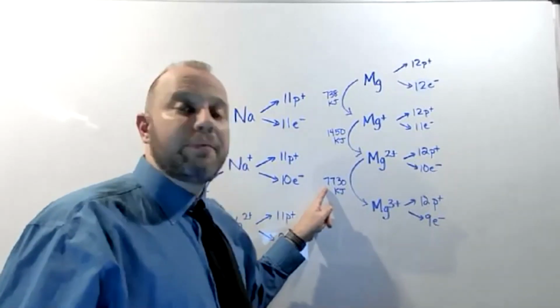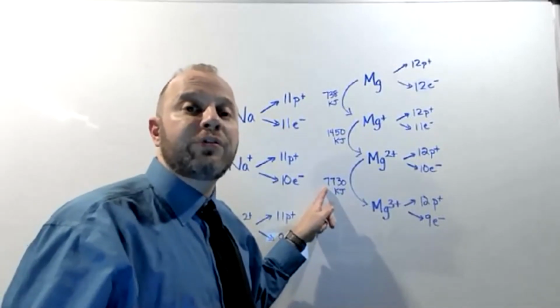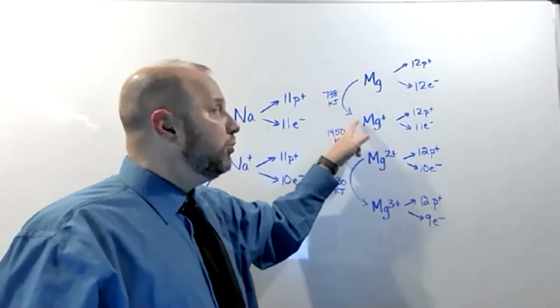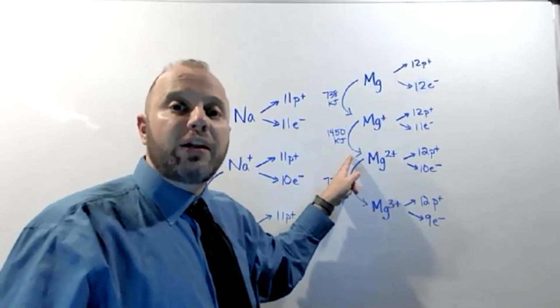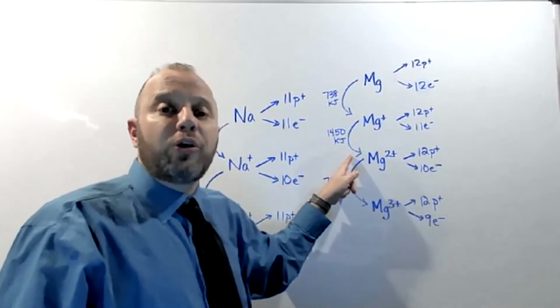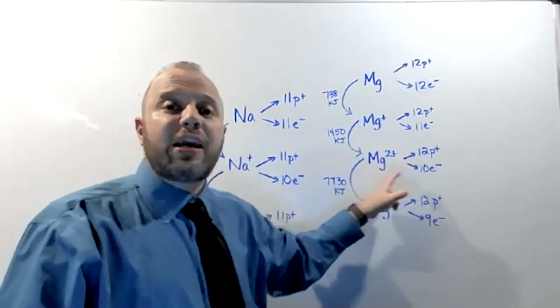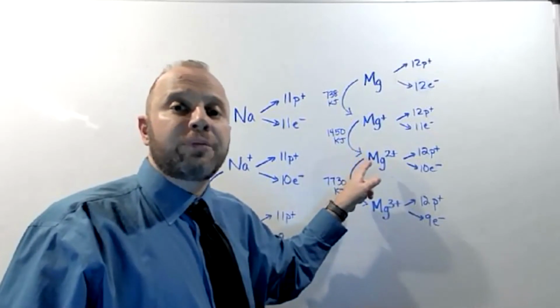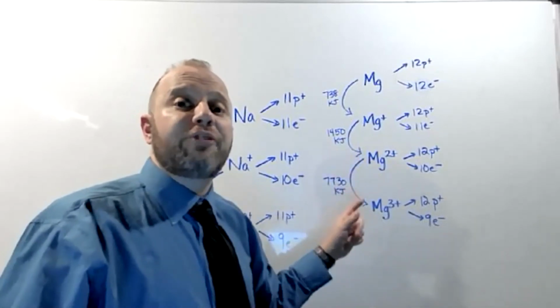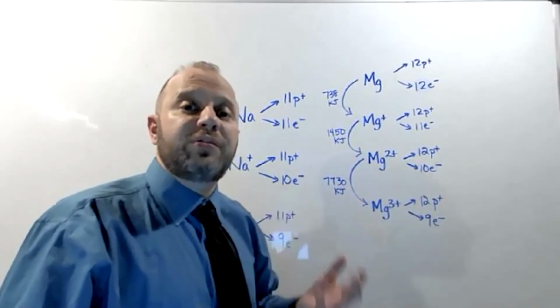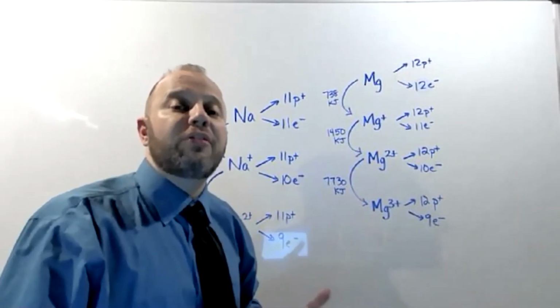And the reason is magnesium has 2 valence electrons, so it's able to lose 2 electrons relatively easily. The result at this point is a very stable noble gas configuration. Removing a third electron from magnesium requires a substantially greater amount of energy.